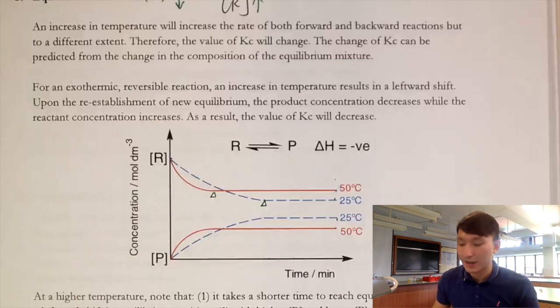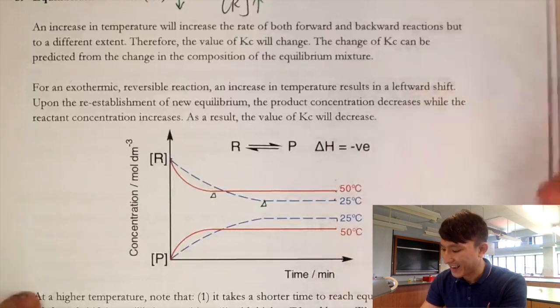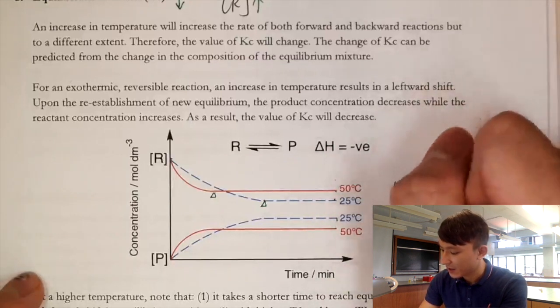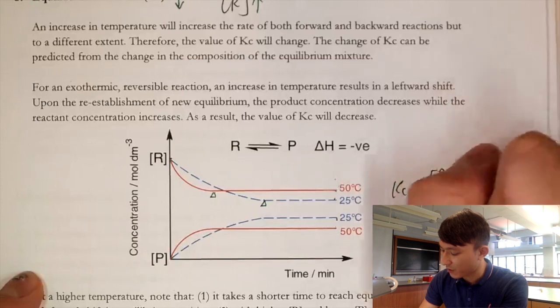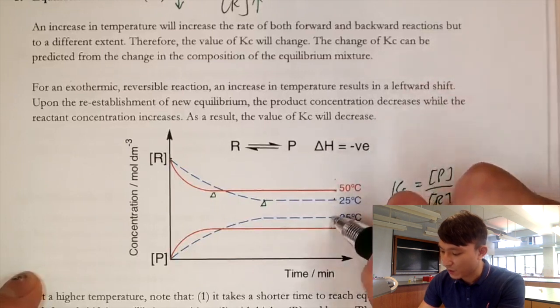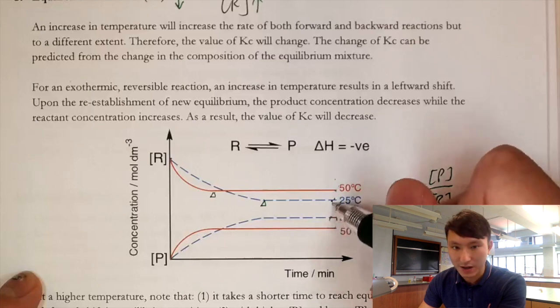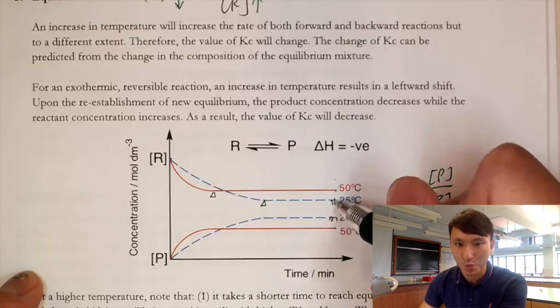And the third one is about the Kc. So again, Kc is essentially product concentration over reactant concentration. So as you can see from the graph here, basically it is this one over this one, right? So if these two are more similar, the Kc is closer to 1.